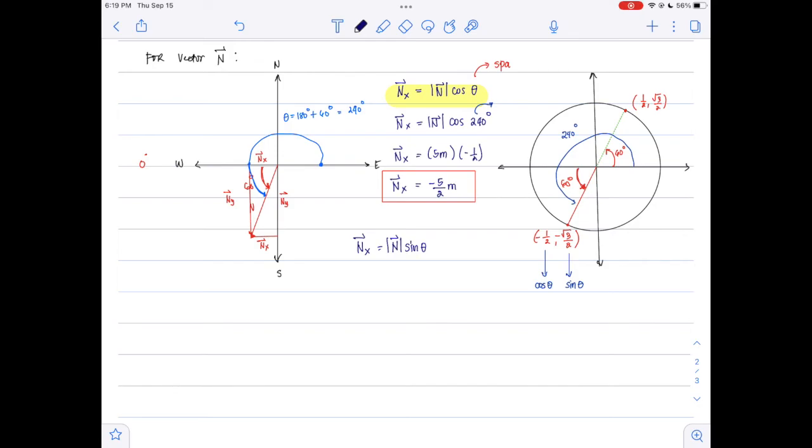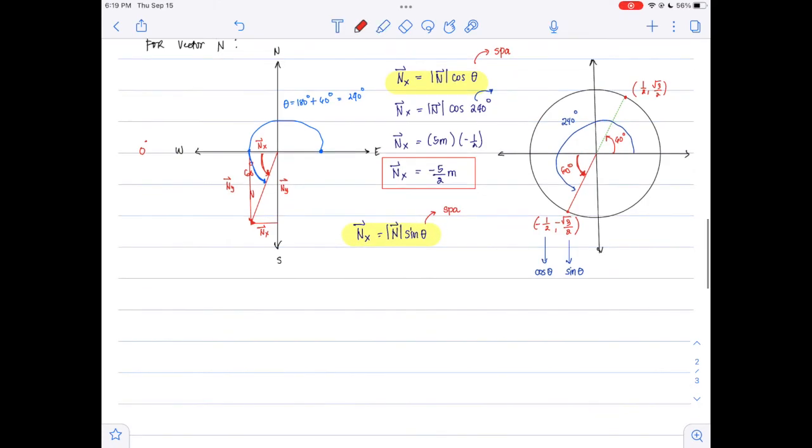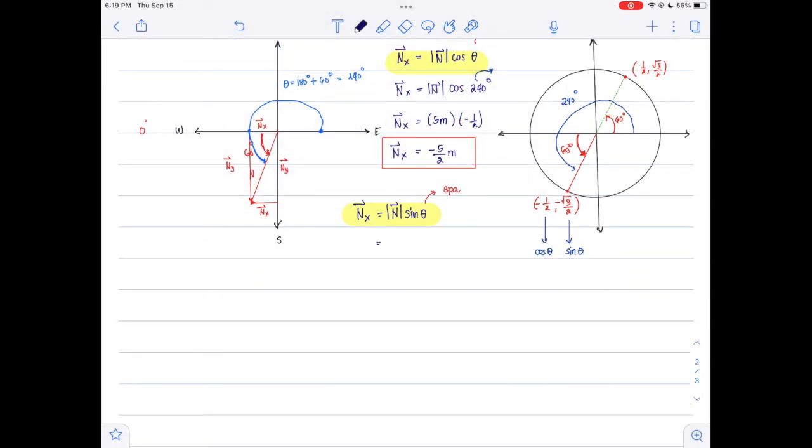That is, again, I am stressing again and again, as long as you measure theta in SPA, meaning you measure starting from the positive x-axis. Okay? So what is this now? Vector n, sorry, that's not 3, it's 5. 5 meters. Then the sine of your theta, what is it? Sine, should I write 60 degrees?